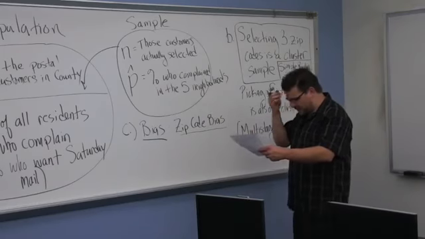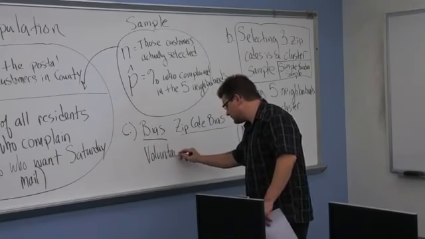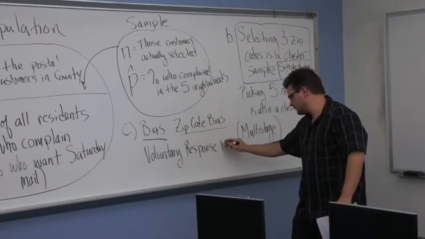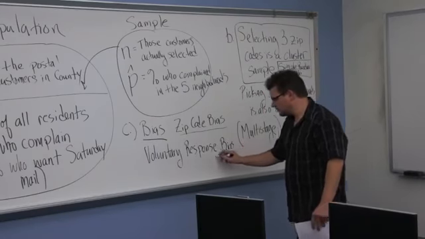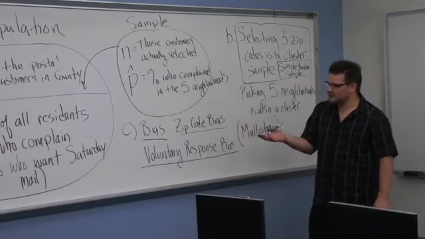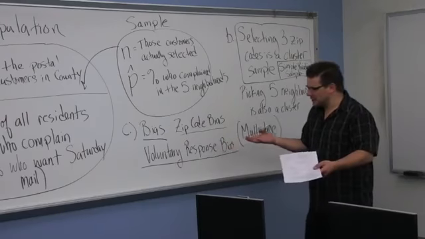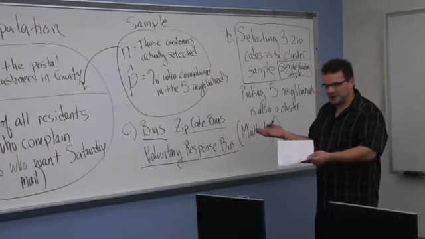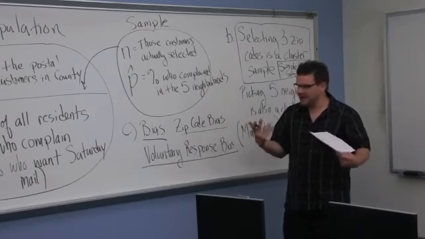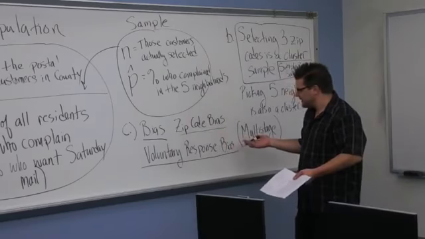Another thing I thought of here, it's got to be some voluntary response bias. Think about who's really going to call up the post office to complain about the mail didn't come on Saturday. It's going to be those residents that really want the mail on Saturday. I'm thinking of myself, in fact, if I didn't get my mail on Saturday, I probably wouldn't even know it. I would just think I didn't get mail that day.